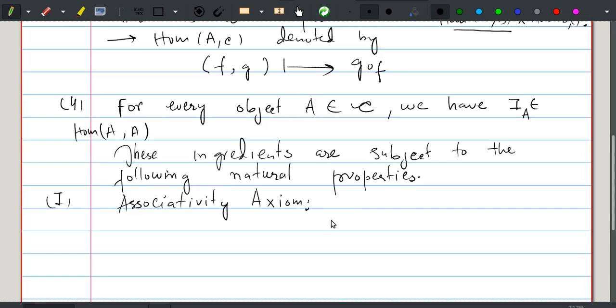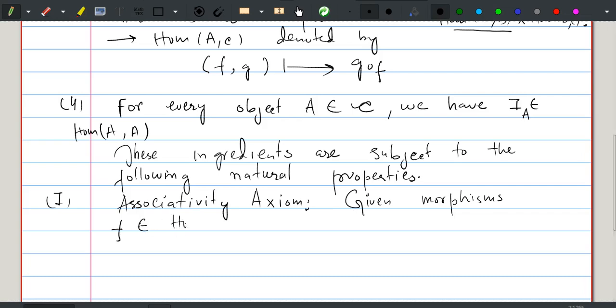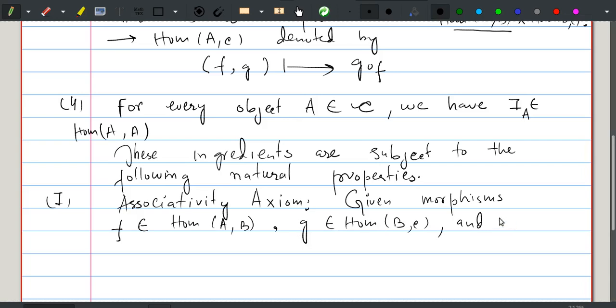So if we are given morphisms, say an arrow from A to B, similarly an arrow from B to C, and an arrow from C to D, then this condition is valid.